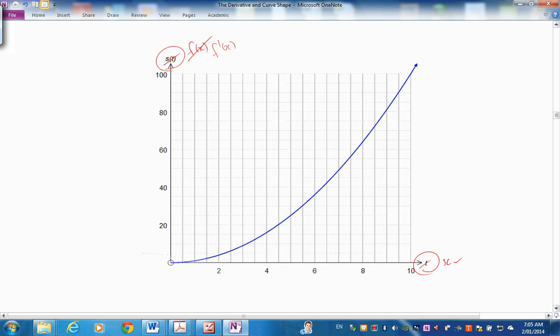So if we did, what would be the rate of change of the derivative at a point? It'd be the slope of the tangent, so f dash x change implies the slope of the tangent to f dash x.